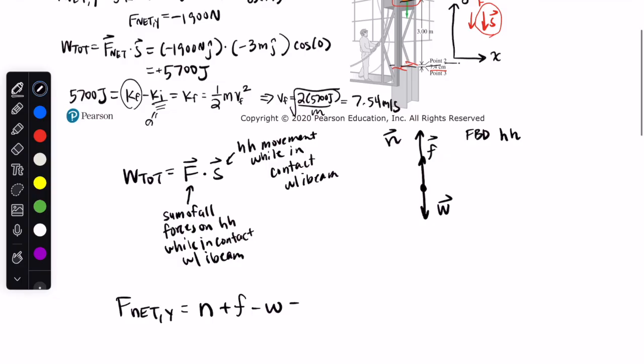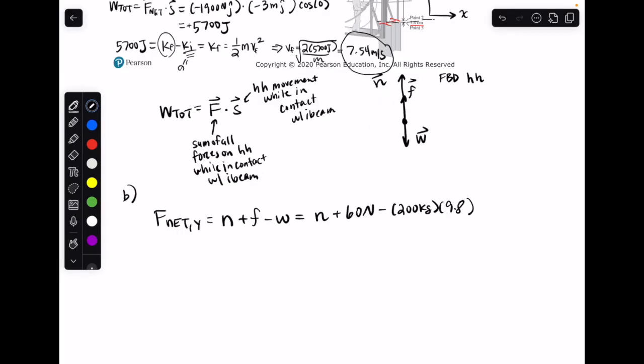So let's add up all these force vectors. We don't really know N. We know the friction, that was 60. And the weight is 200 kilograms times 9.8. So this is the net force in the Y.